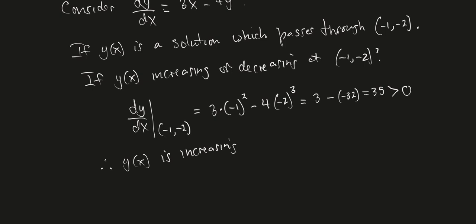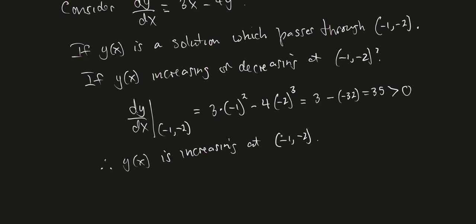It doesn't mean for all values of x or over the entire real line. It's just saying locally what is going on. So we can't just stop and say y of x is increasing, because that would imply it's always increasing. No, we know it's increasing at this particular point. Could be more, but we just don't have enough information.